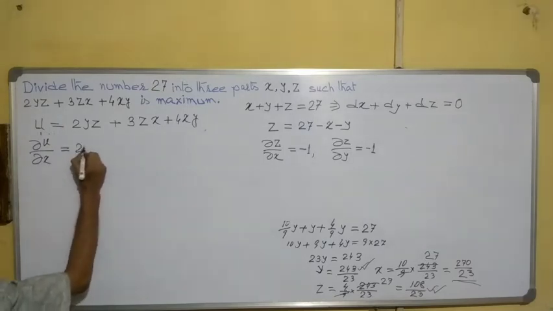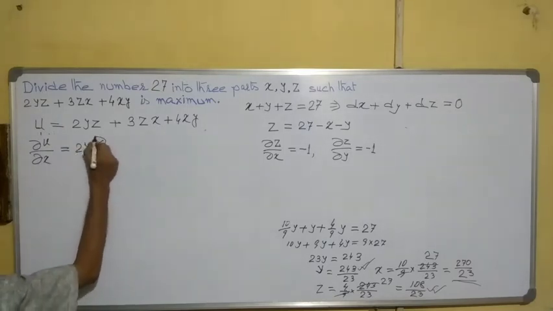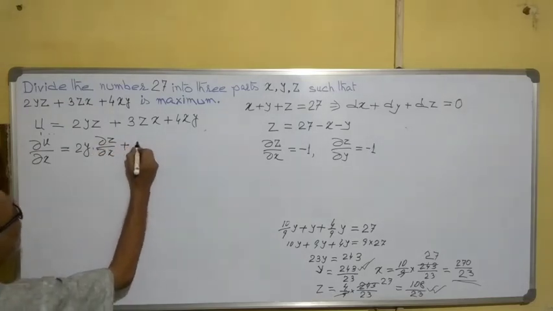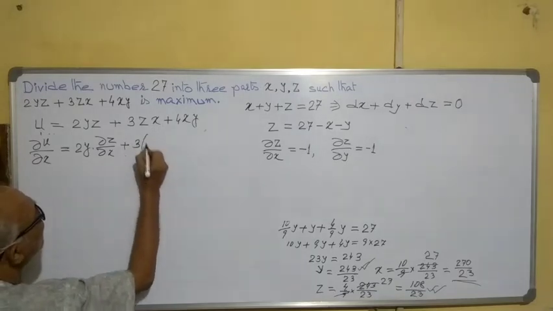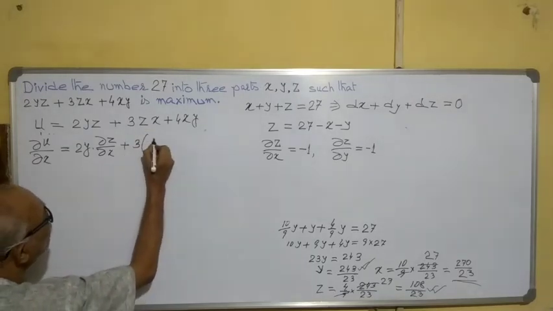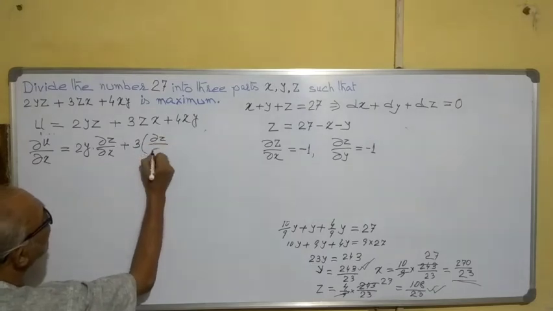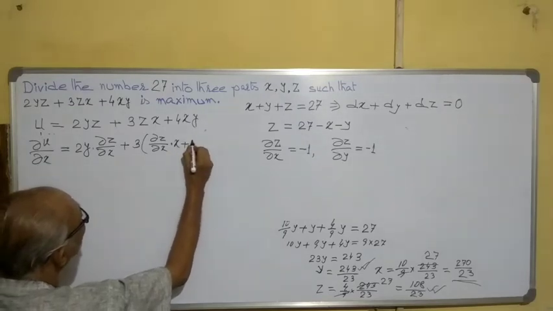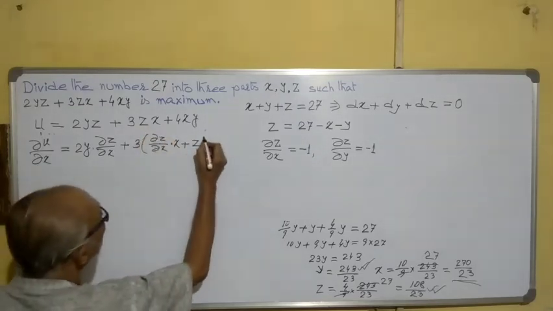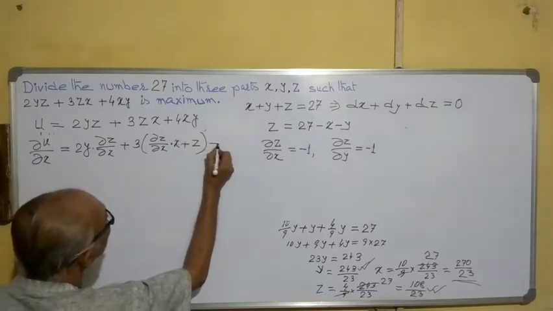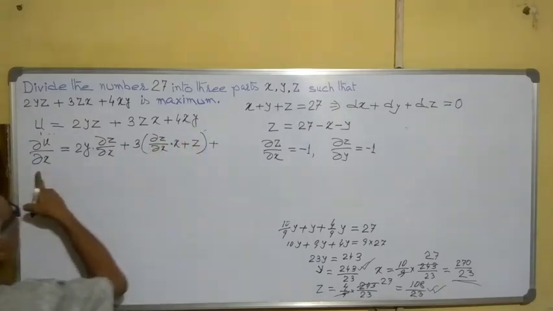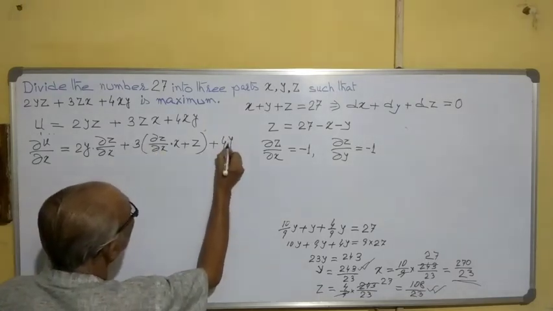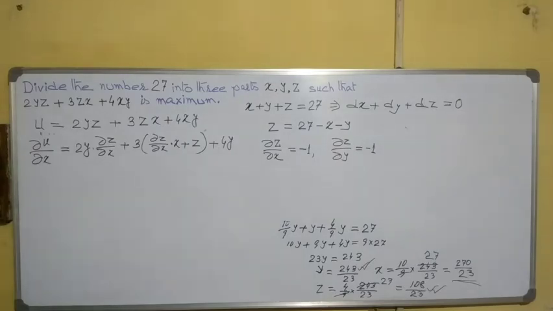So we will write 2y into del z del x plus 3 into z into x, so del z del x into x plus z into del x, that is 1, plus 4xy. You are doing differentiation with respect to x, so y is a constant, its derivative will be 4y.